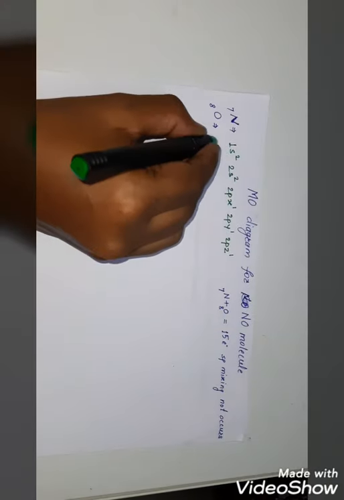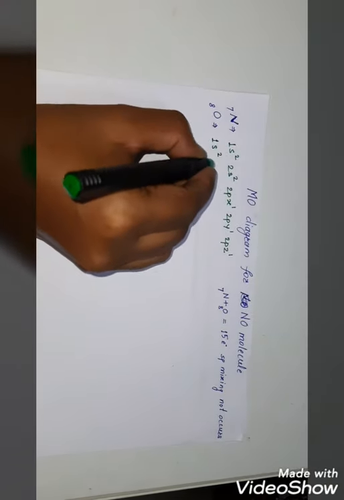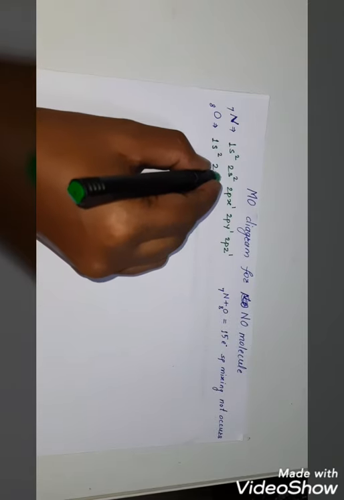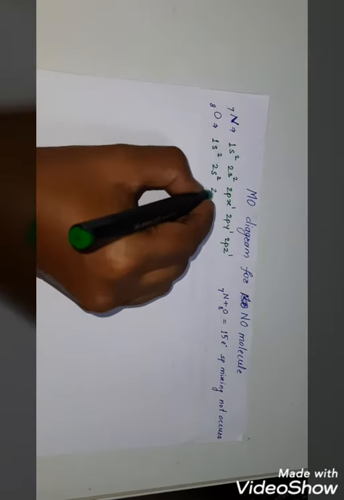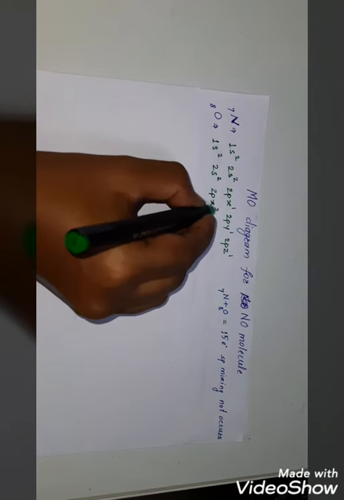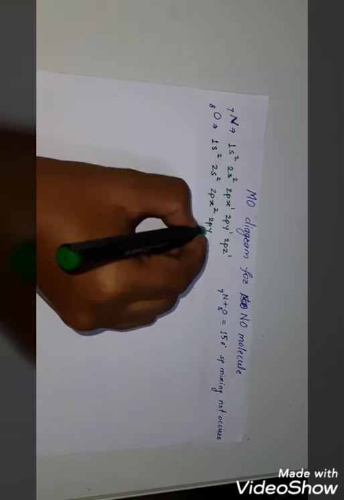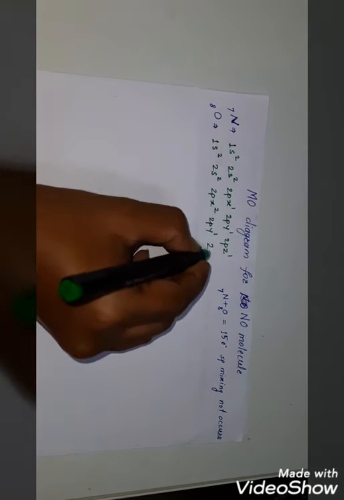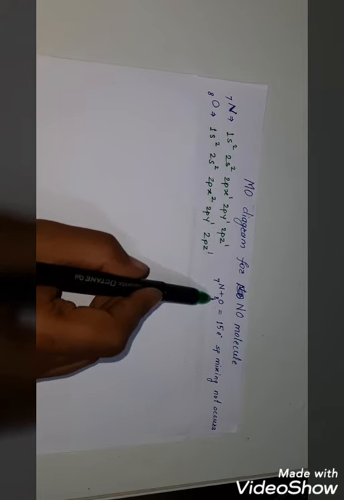Similarly for oxygen, 1s2, 2s2, 2px2, 2py1 and 2pz1. Now we know there are a total of 7 plus 8, 15 electrons.